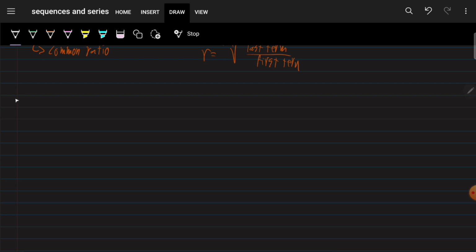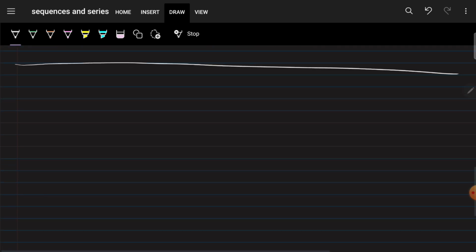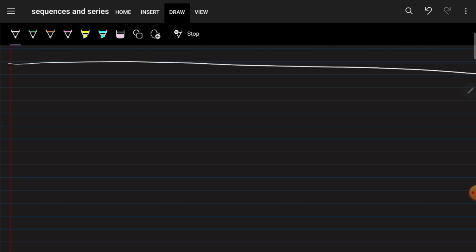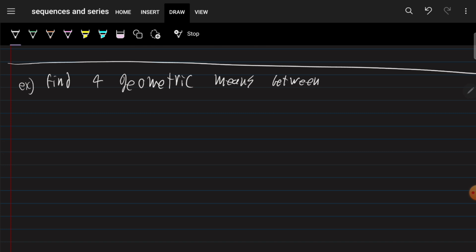So let's do this problem. Find 4 geometric means between, now I have to make sure that this works, so give me a second.